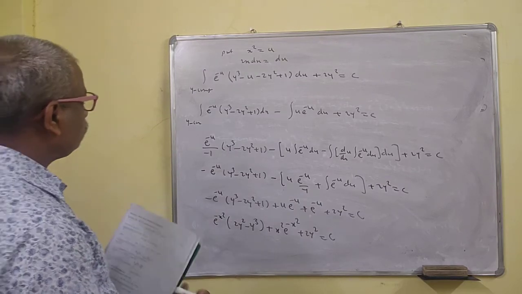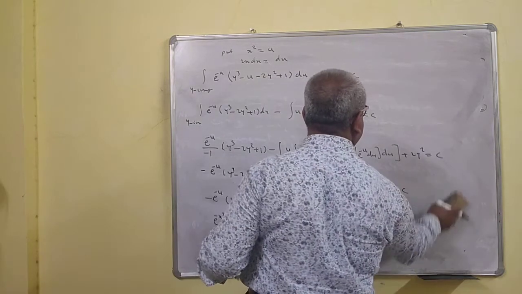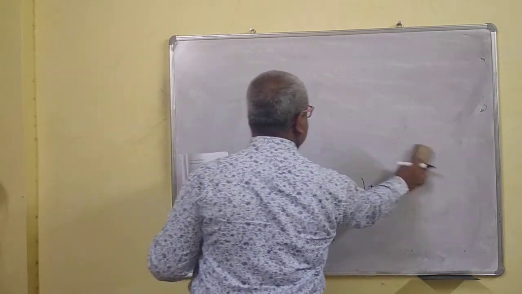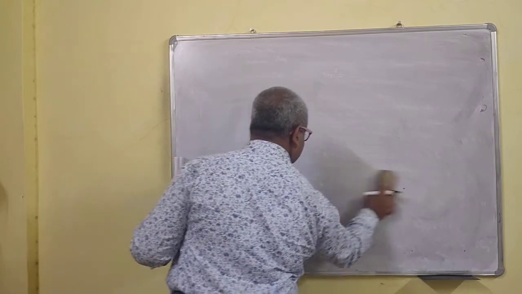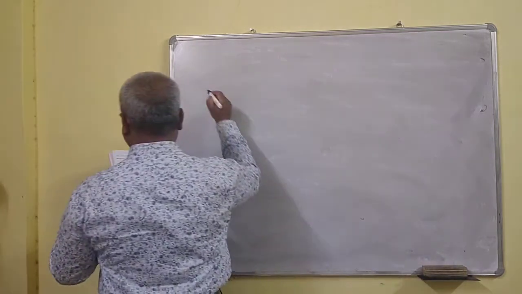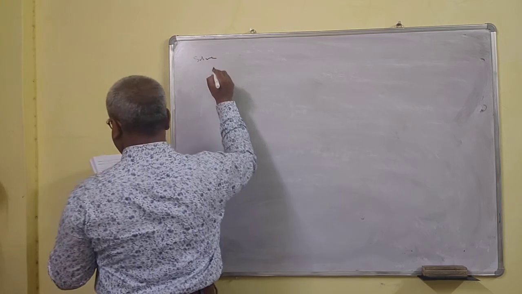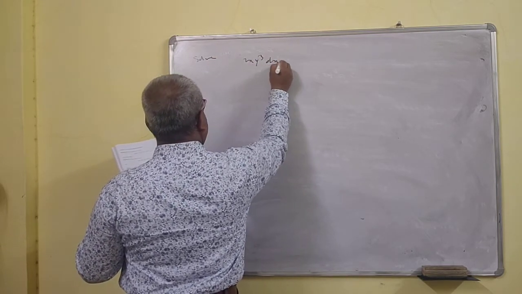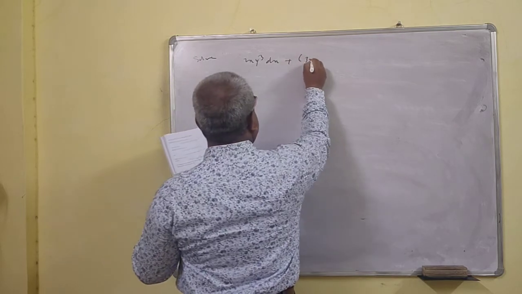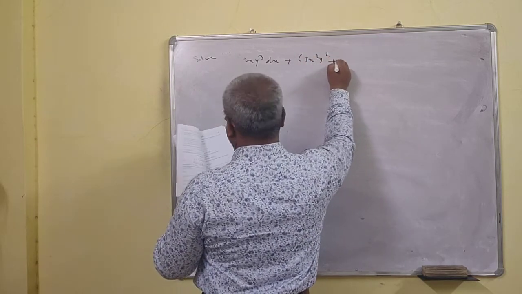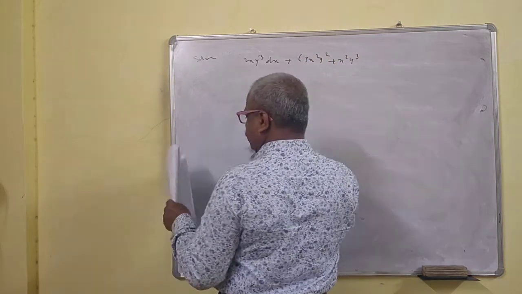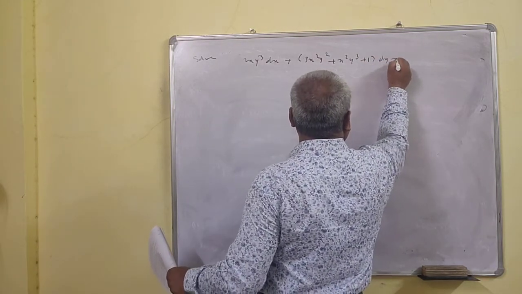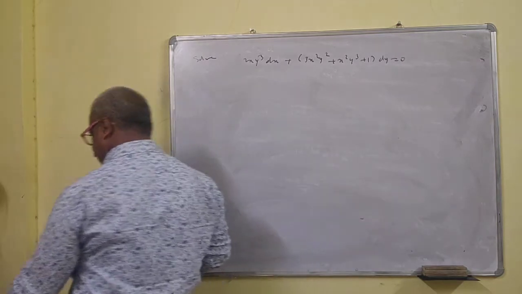Okay, now we take the next problem. Solve twice x y cube dx plus 3x square y square plus x square y cube plus 1 dy is equal to 0.